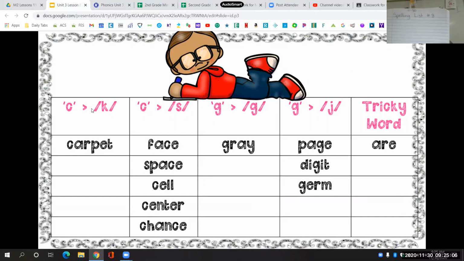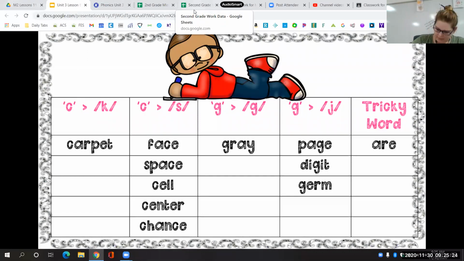I would like for you to go ahead and write your spelling words on that page. Make sure you number your words 1 to 10 and you skip a line in between. So go ahead and pause the video right now and do that on page 41 of your Phonics journal. And then when you're done, you can just hit play.